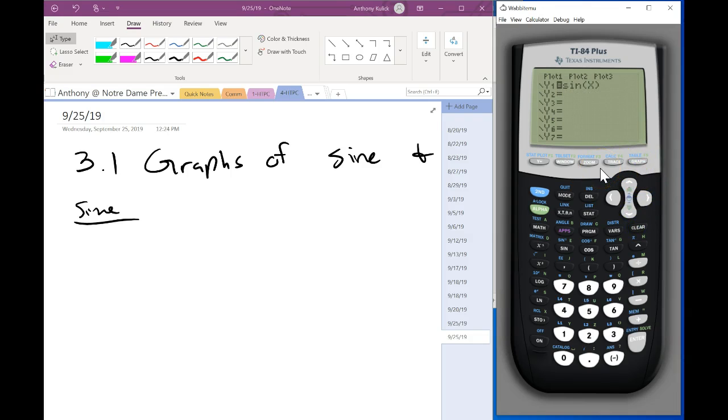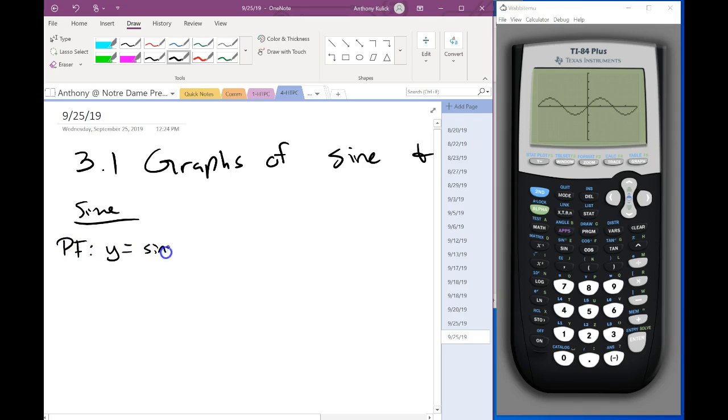I'm just going to go to my calculator, make sure that my mode is in radian, and then type in sine x to the y equals, and then do the zoom trig command, and it'll give me a nice picture that looks kind of like this. So for sine, my parent function is going to be, not surprisingly, y equals sine x.